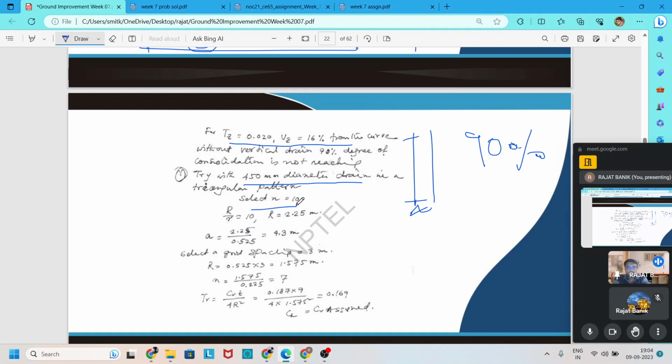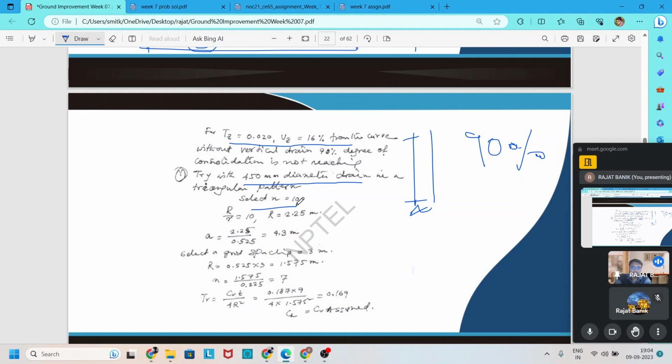So we select the diameter of the sand drain equal to 450 mm and n equal to 10. By this way we find out the radius of influence of this sand drain.